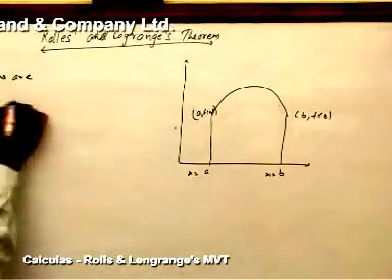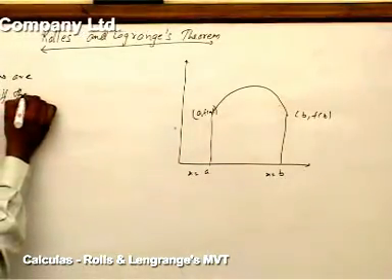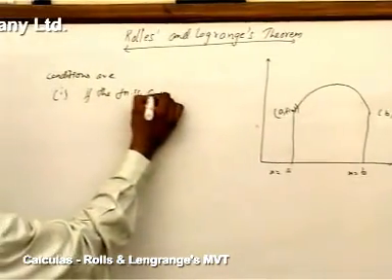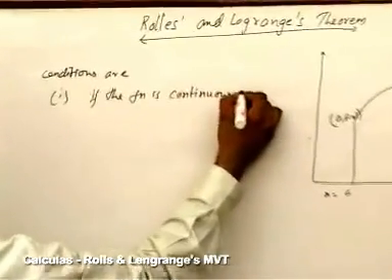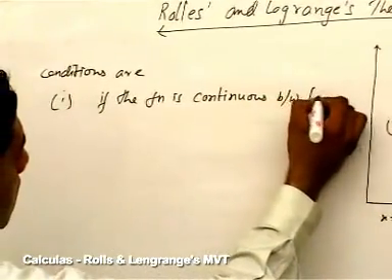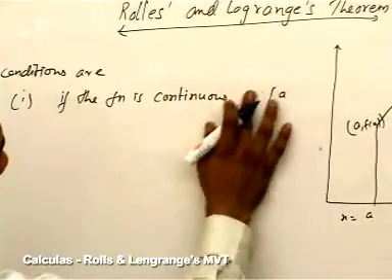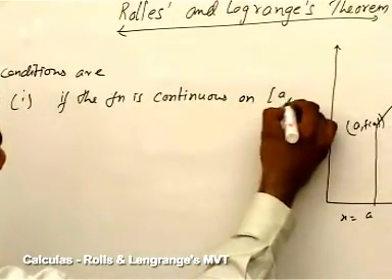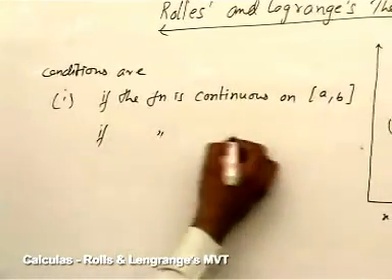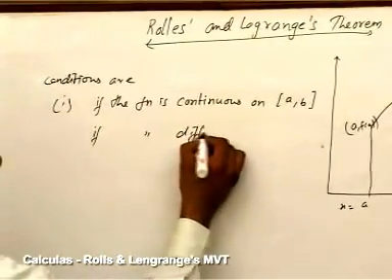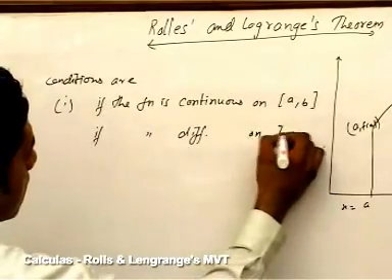First, the function is continuous on AB. Second, the function is differentiable on AB.